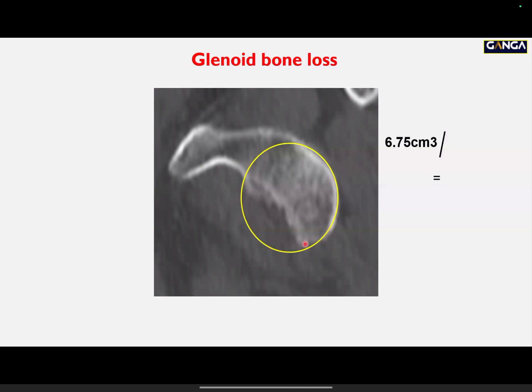So this part will be the bony glenoid bone loss. So the area of this defect divided by the area of this circle. You can draw freehand in this. So that will be your glenoid bone loss.